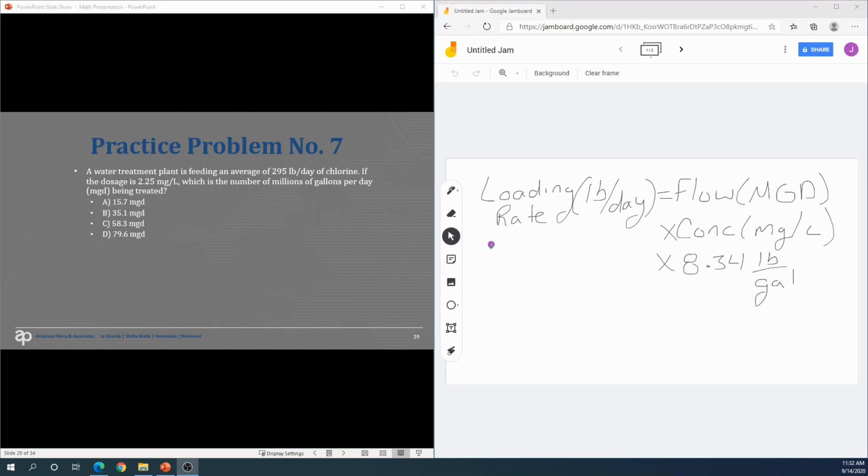So what do we know? We know that our loading is 295 pounds per day. And we know our concentration is 2.25 milligrams per liter, which, as we talked about, is the same as parts per million.